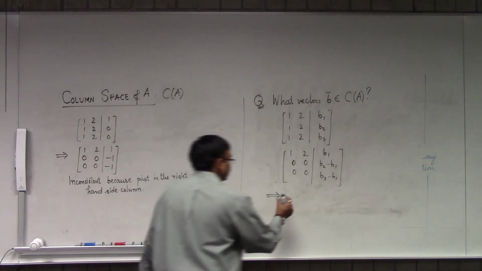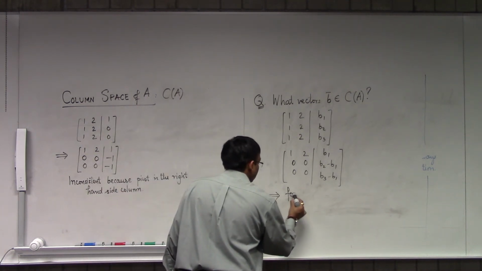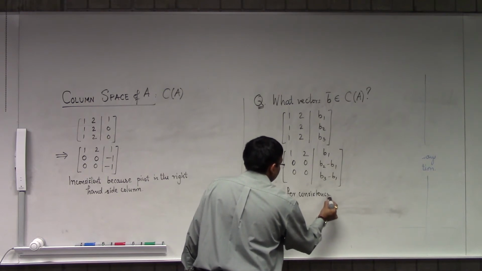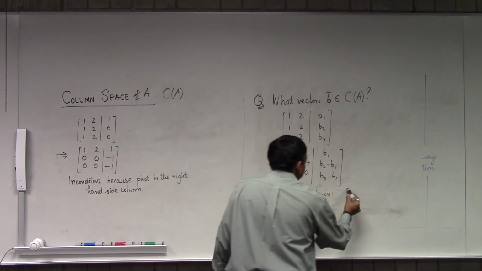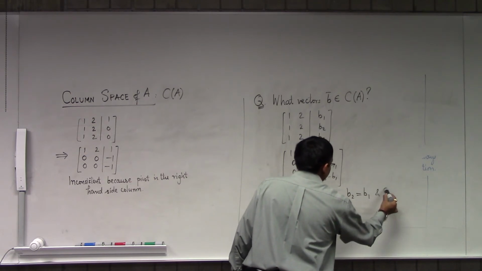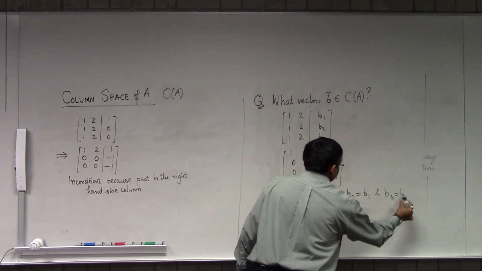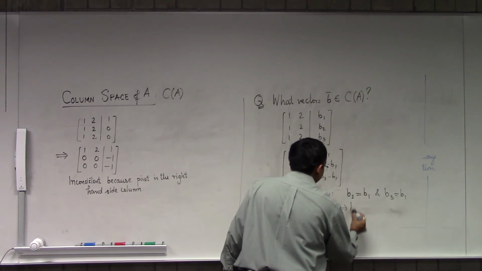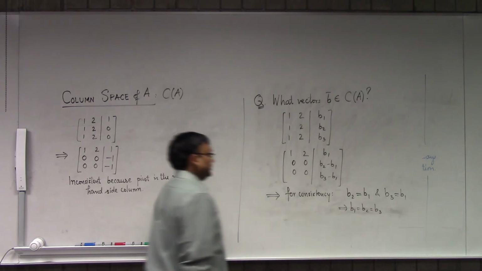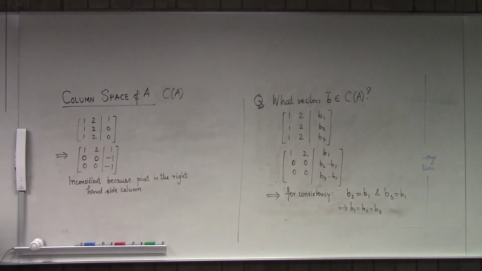For consistency, there are two things that we need. One of them is B2 should be equal to B1. The other is B3 should be equal to B1. In other words, for consistency, B1 must be equal to B2 must be equal to B3. That means all three components of the vector should be the same, and then this vector will belong to this column space.